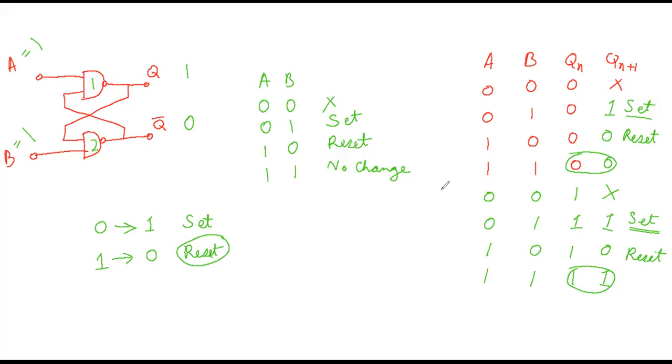Now I want to look a little bit more closely at this summary. 0 is the instruction actually. If you are applying 0 at A, you are trying to set the circuit, or if you are applying 0 at B, you are trying to reset the circuit. Yes or no? Yes, sir.